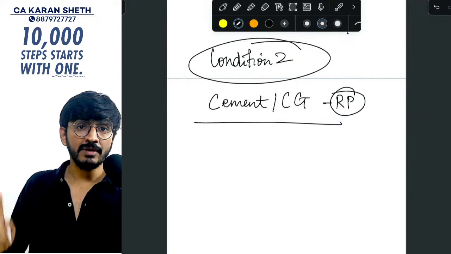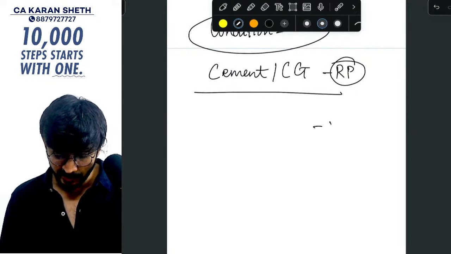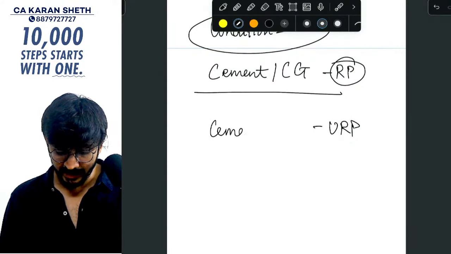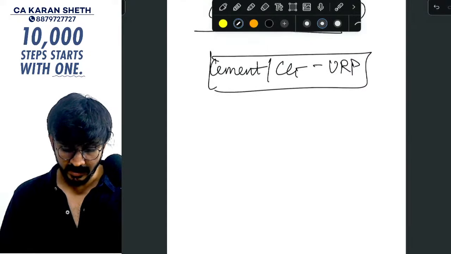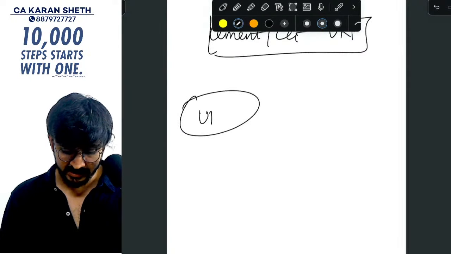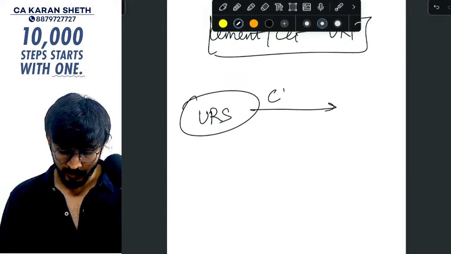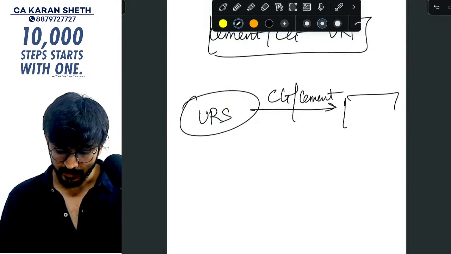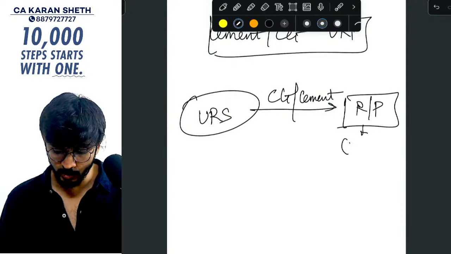Sir, but what if I purchase it from an unregistered person? Sir, what if I purchase this cement and CG from an unregistered person, right? Then in that case, if the supplier is unregistered, you are purchasing cement or CG, and you are a registered person, understand? And who are you? You are a builder, right?